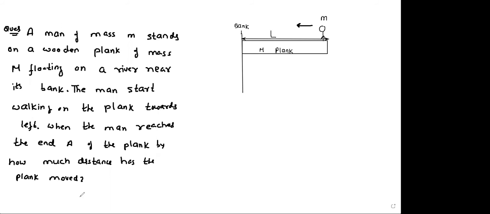If this man starts moving towards the bank, then this plank will move backwards. Let's say the plank moves here. So you have to decide, when this man reaches this end, how much distance the plank covers.